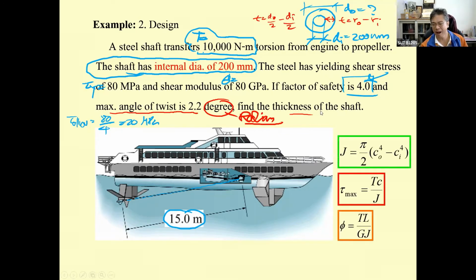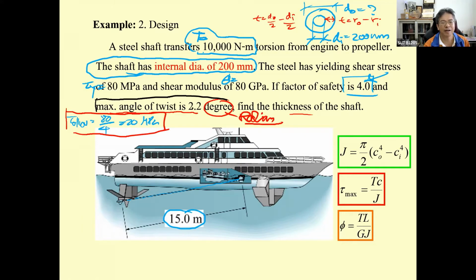So we have these three equations, and then we got to decide based on tau allowable. That means based on the strength. And then we also decide based on this one. This is based on stiffness.